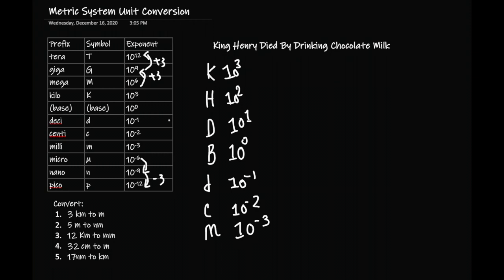Okay, so now let's do an example. But before we jump into these examples, I would like to explain one more thing. If the base is meter, then this one would be decameter, and this one would be kilometer.